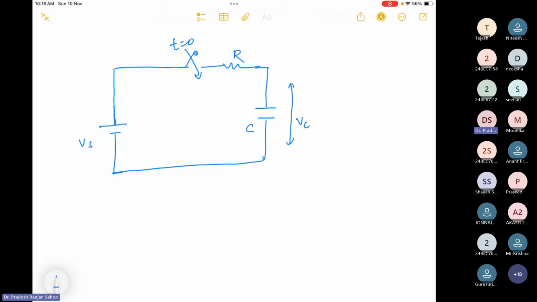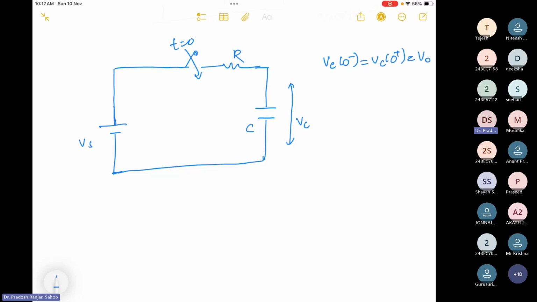So basically, in the series RC circuit, we were assuming that the previous initial voltage is 0, but now in this case I'll assume that Vc(0 minus) and Vc(0 plus), the initial voltage, is V0.